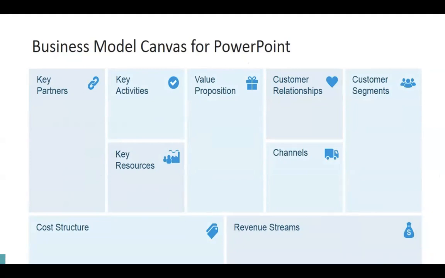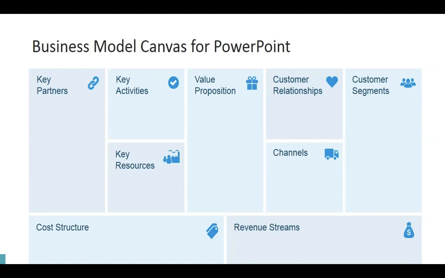But your segments look like this. If you'll start to the right and kind of work backwards, we've got customer segments on the far right. We've got customer relationships. We've got channels. In the middle, we've got value proposition.